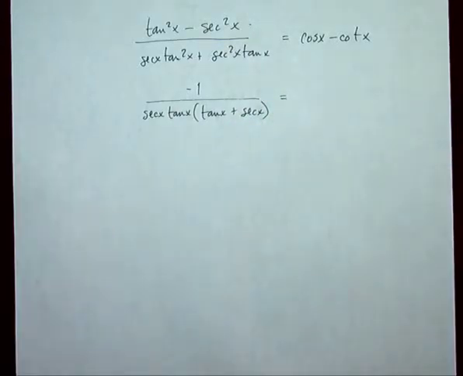Now, once you get here, you kind of go, well, I've simplified the numerator a whole lot, but I don't seem to have made much headway in terms of the denominator. So, if you're thinking about your strategy sheet, you go, well, if all else fails, turn everything into sine and cosine.